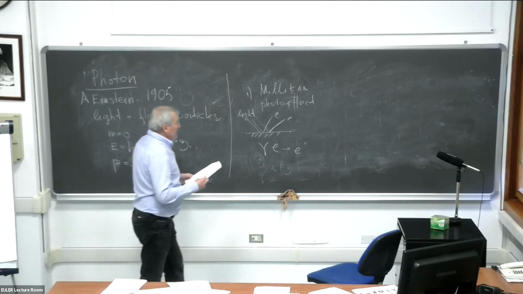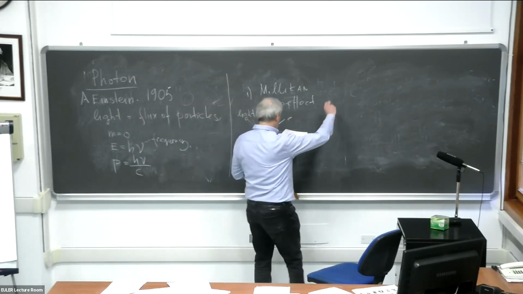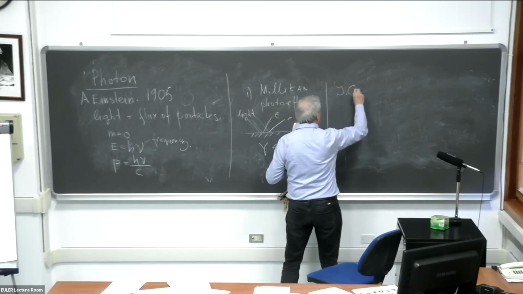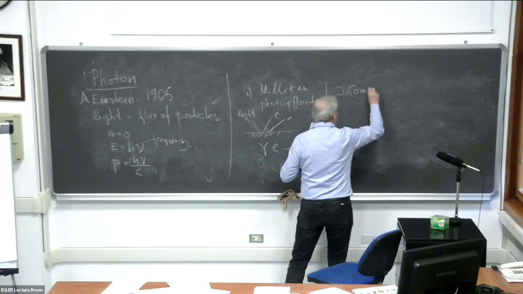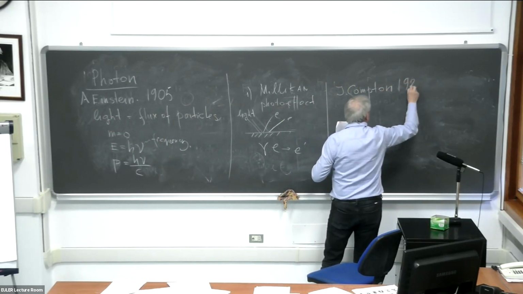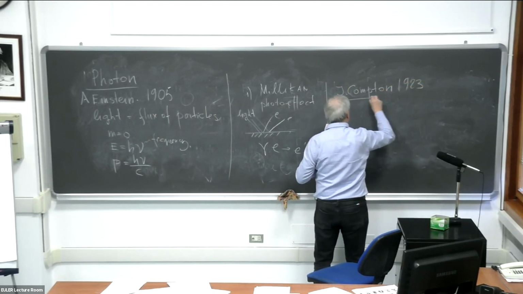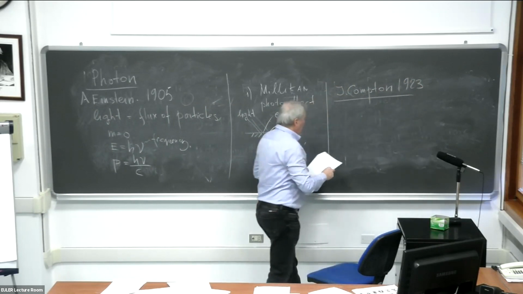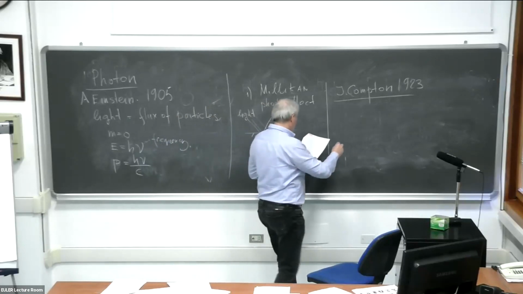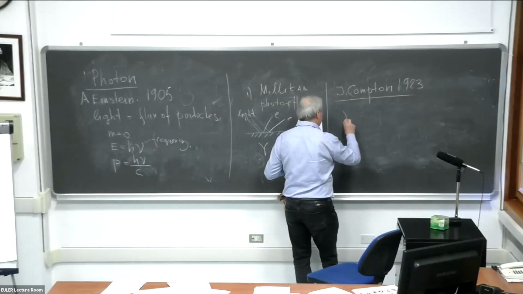The final confirmation was by Compton, in 1923. And what he observed was the scattering of gamma rays onto electrons.